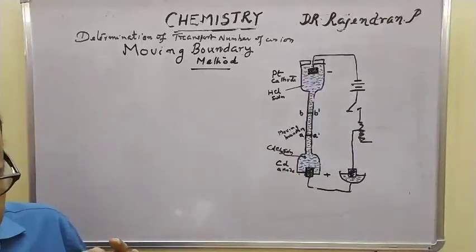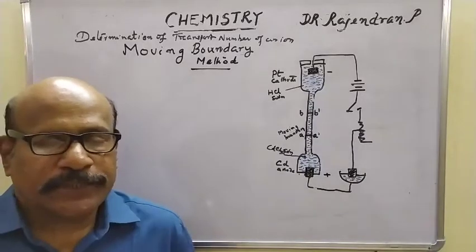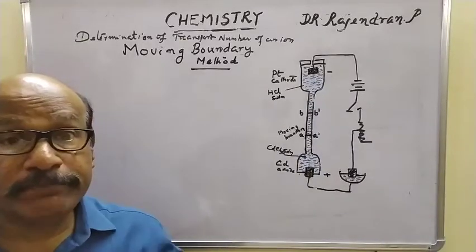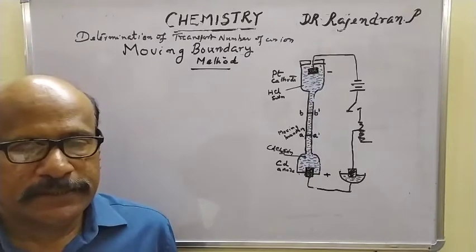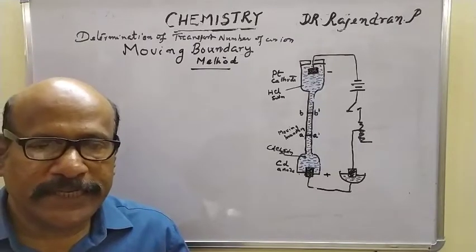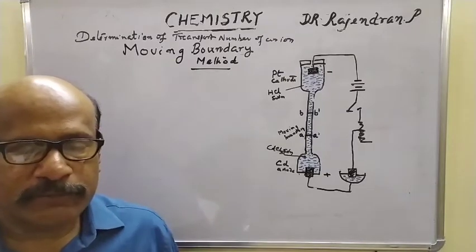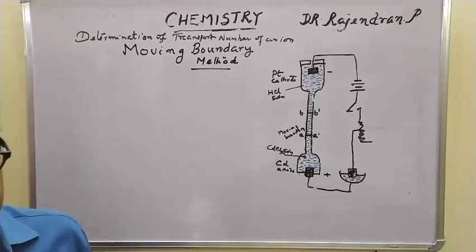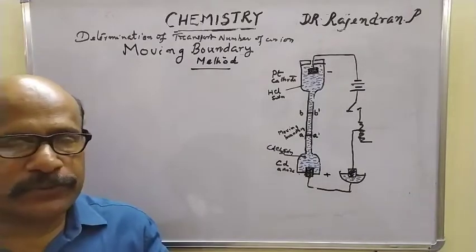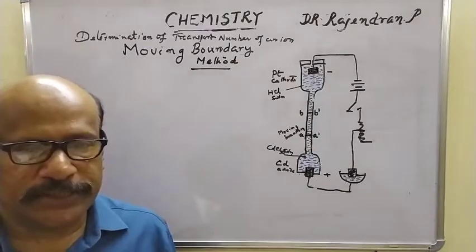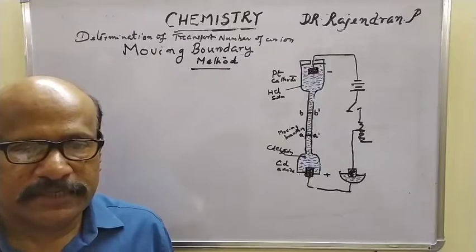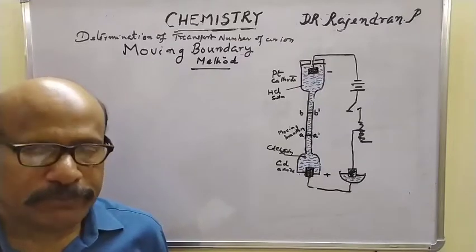We can directly determine the transport number of an ion simply by following the movement of a boundary that is visible to us between the two electrolyte solutions in contact with each other under an applied potential.